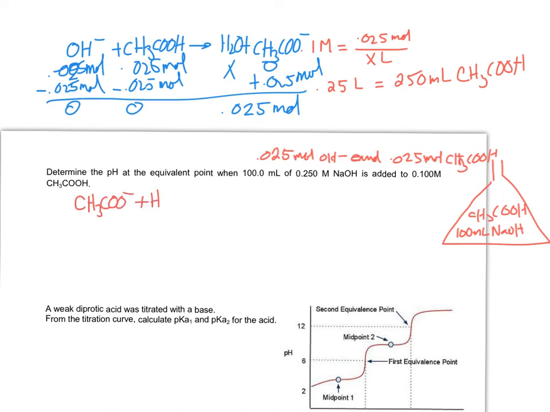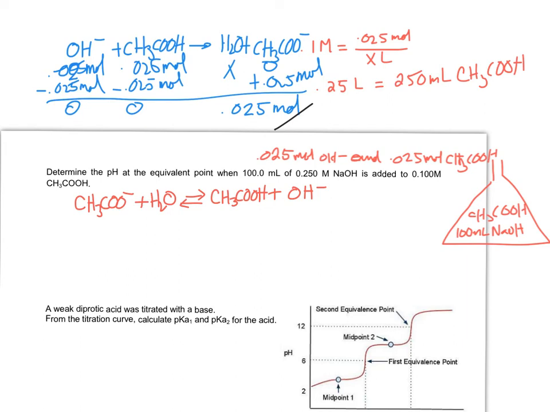With water, it will grab an H plus from the water to form acetic acid, and it will form some hydroxide ion. I would need to divide by my total volume here to find my concentration.